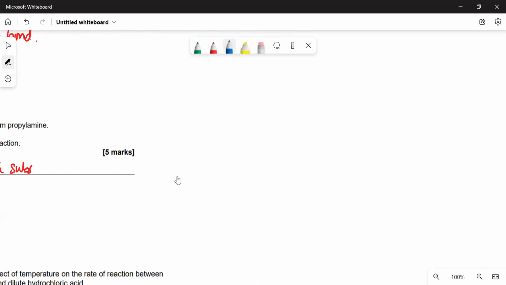Right. So I will draw this last carbon out displayed to make it clear what's going on.